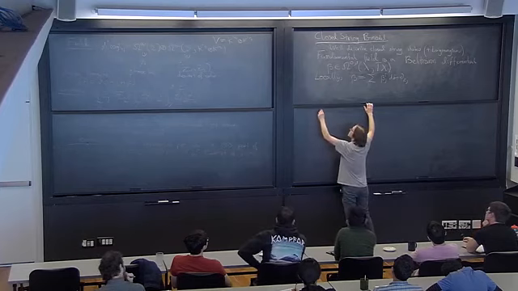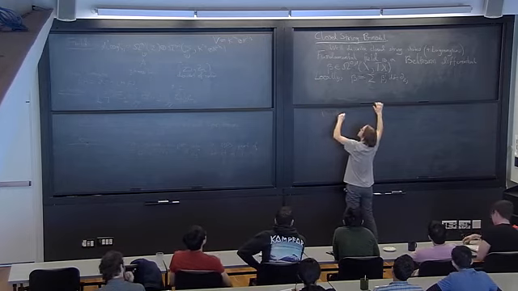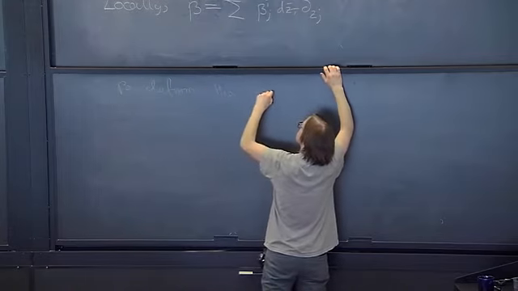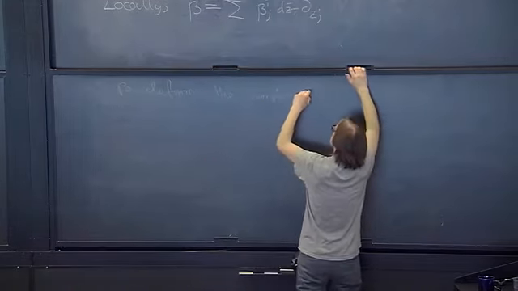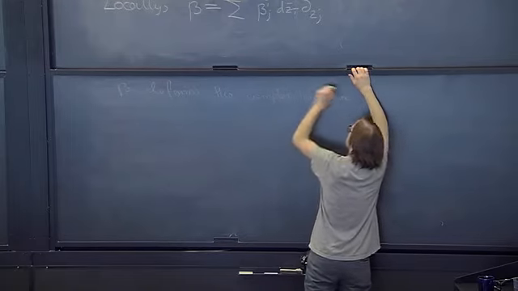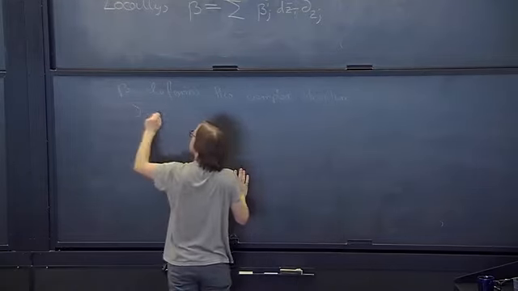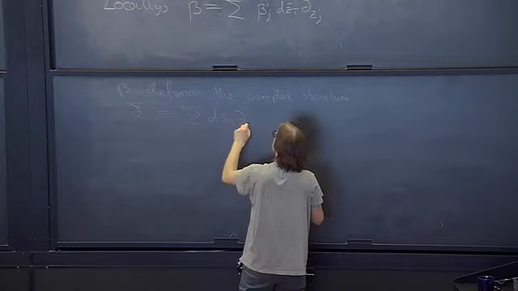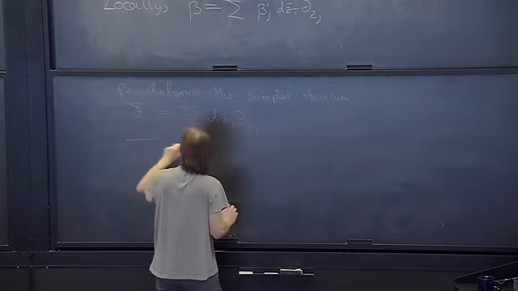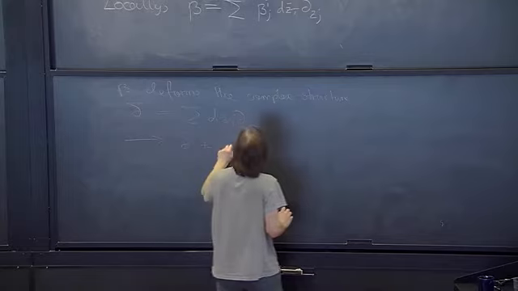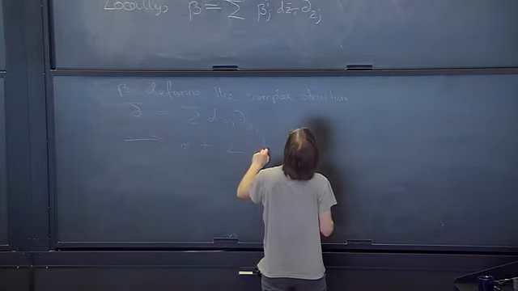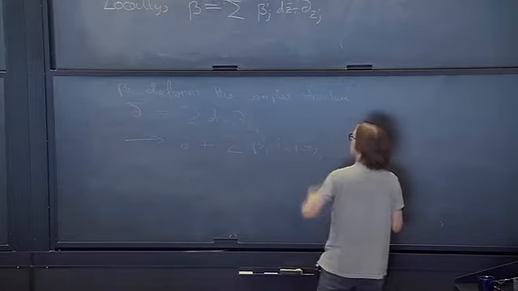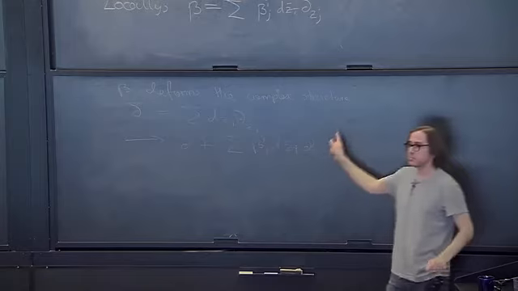Such a beta forms a complex structure by saying that d bar, which looks like some dz bar I d by dz bar I, gets sent to d bar plus some term, so we add on this term.